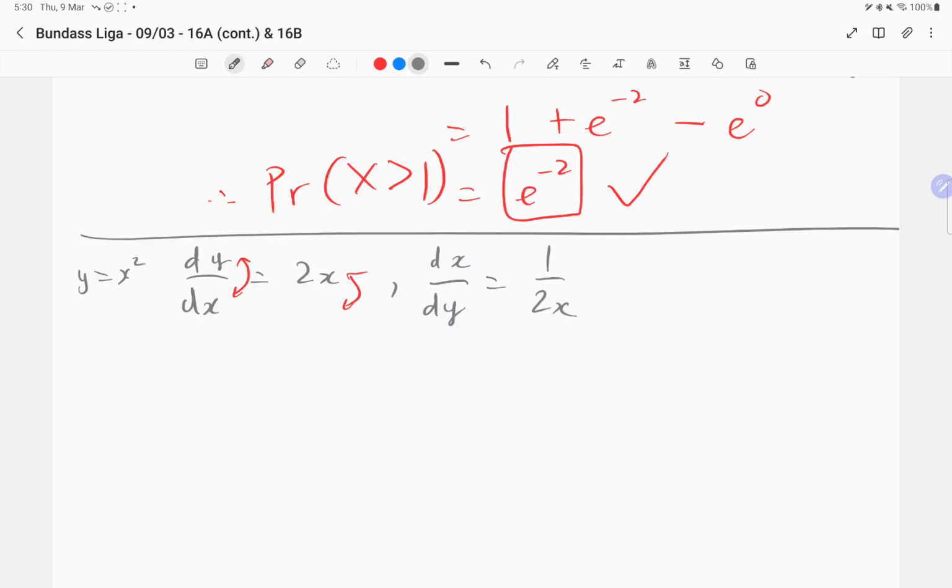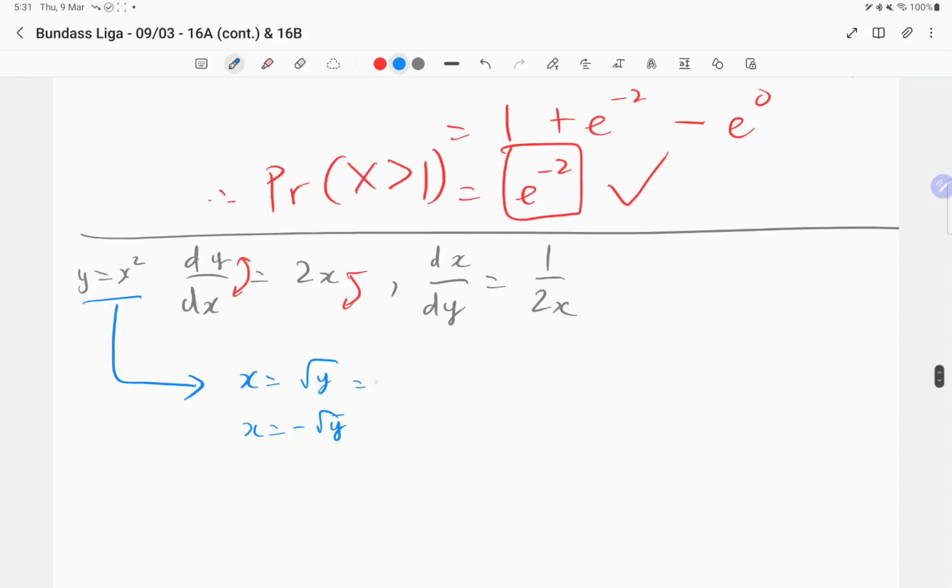Yeah. So if you want to work that by itself, x would be positive. This one is a bit strange because then you would get x equals the square root of y, or x equals negative square root of y, if you were to make x the subject.